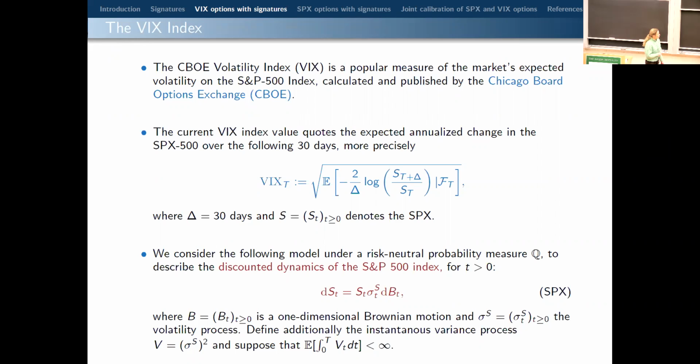B is a Brownian motion. This will be specified with a linear function of the signature of an underlying process. And for notation, V is sigma squared, the instantaneous variance, and we suppose that this is finite.